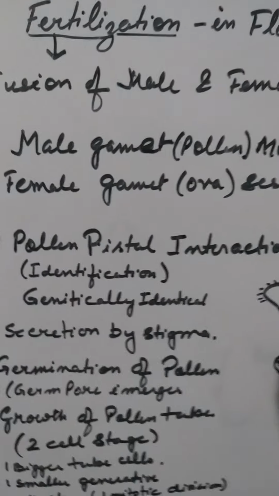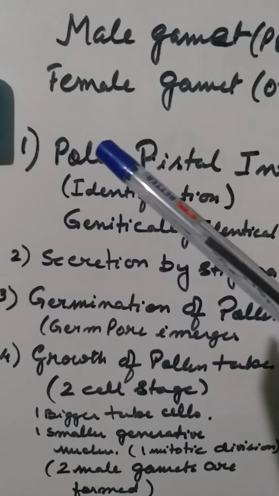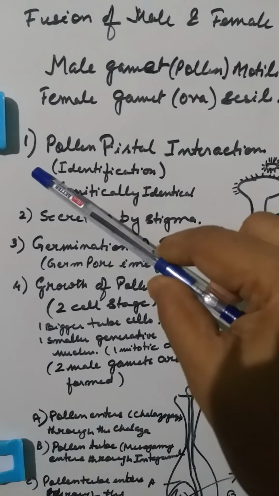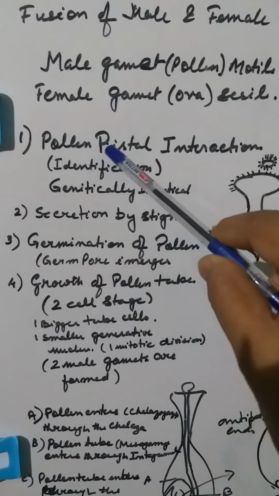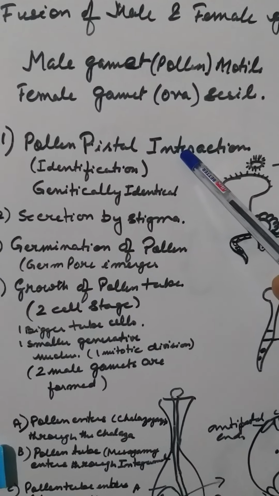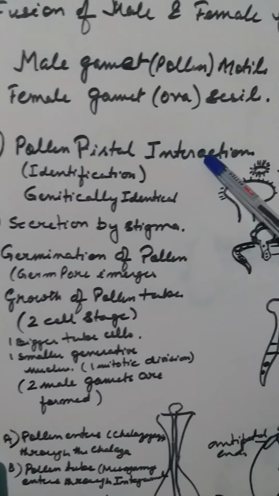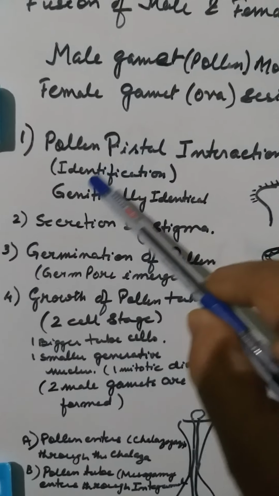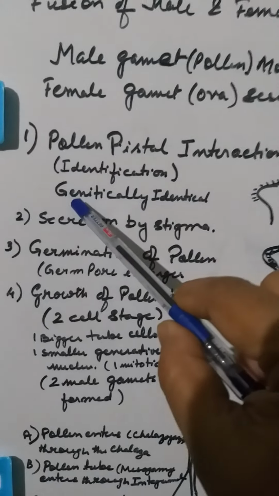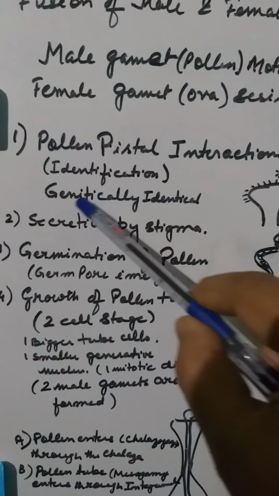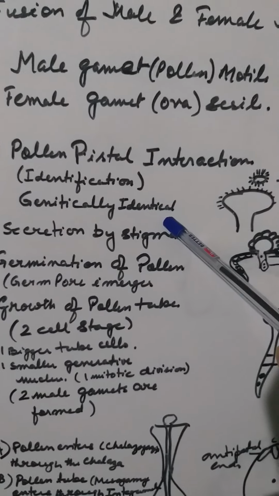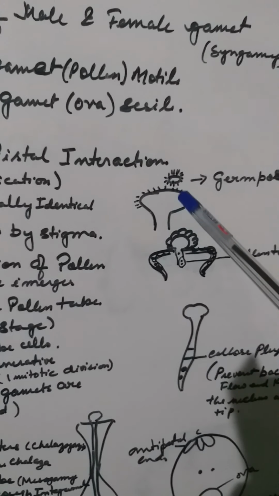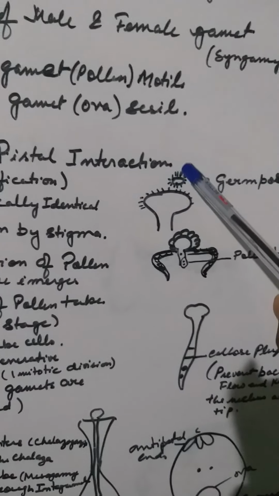Now here, there are certain steps that I have classified stepwise. The first one is the pollen pistil interaction. What is pollen pistil interaction? Basically, it is the identification of genetically identical pollen. Because every flower has a separate stigma, separate genetic material and separate pollen.